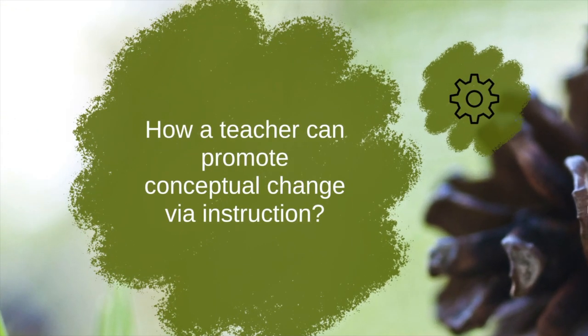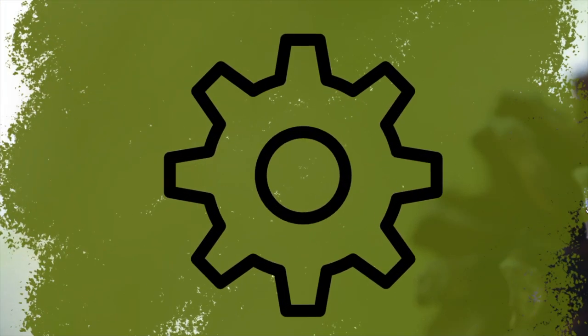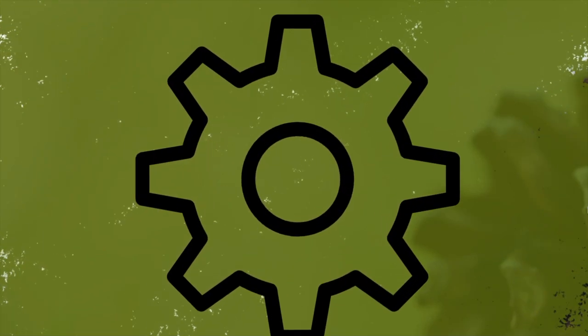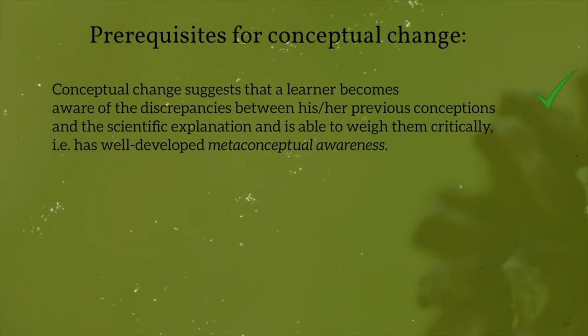Next, we will learn how a teacher can promote conceptual change via instruction. For this, we need to understand the prerequisites for conceptual change to be reached. If you have already read the provided article by Posner and his colleagues, you have learned that there are certain prerequisites for conceptual change.